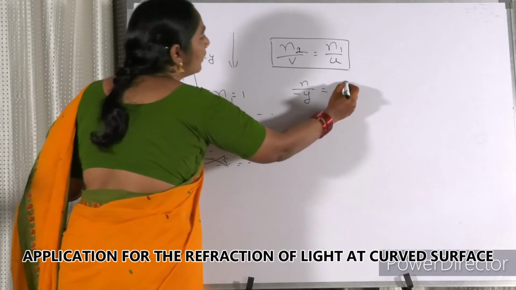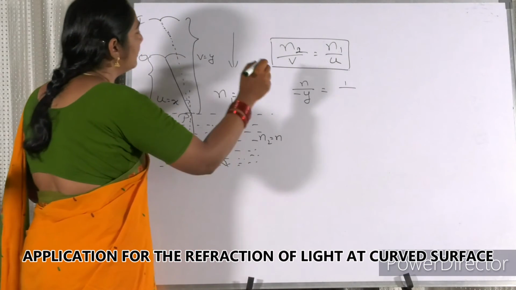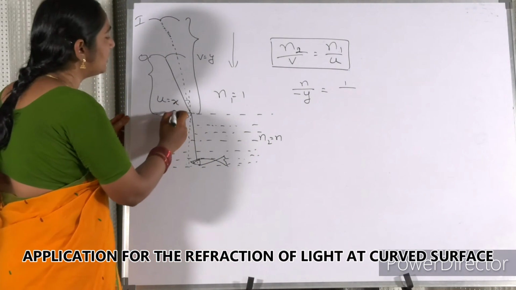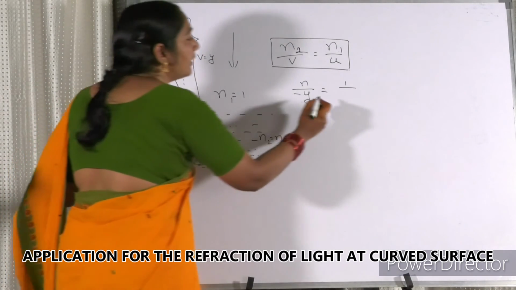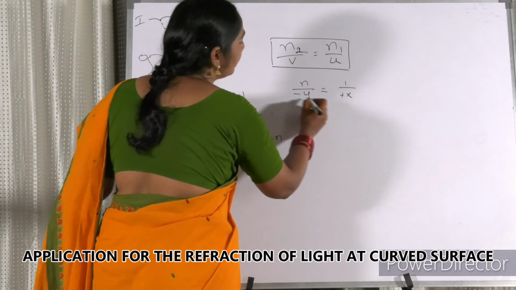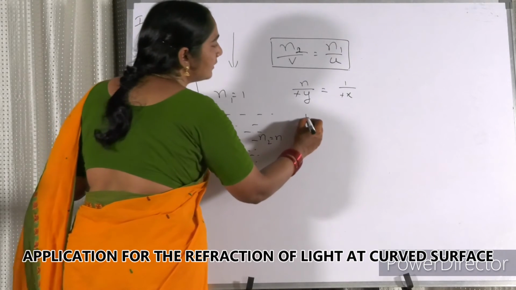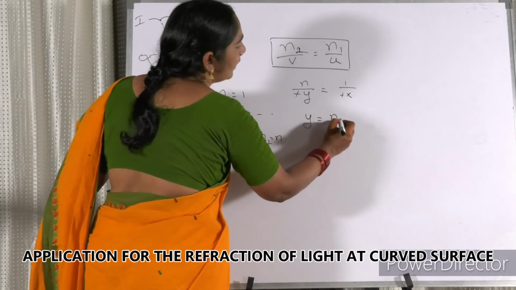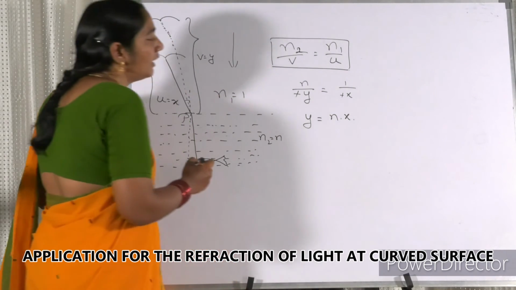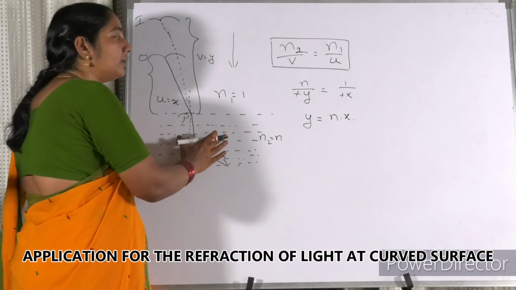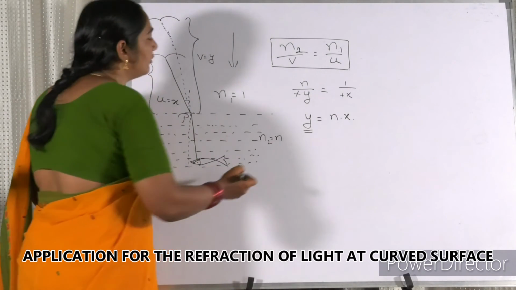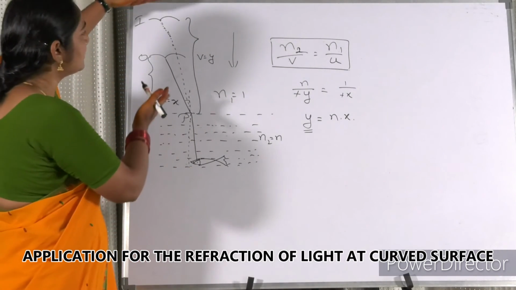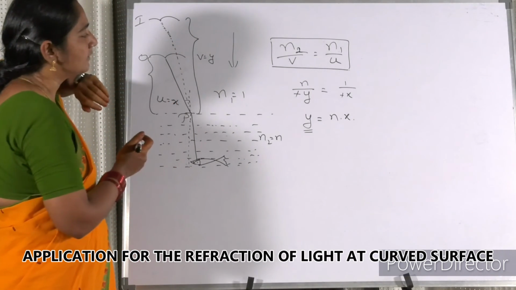So n by minus y is equal to 1 by u. u is also measured opposite to the direction of the light, so that is again minus x. So minus and minus can be cancelled. So y is equal to n into x. And the refractive index of the denser medium is more than 1. So the y value is more than the x value. Means the image distance is more than the object distance.